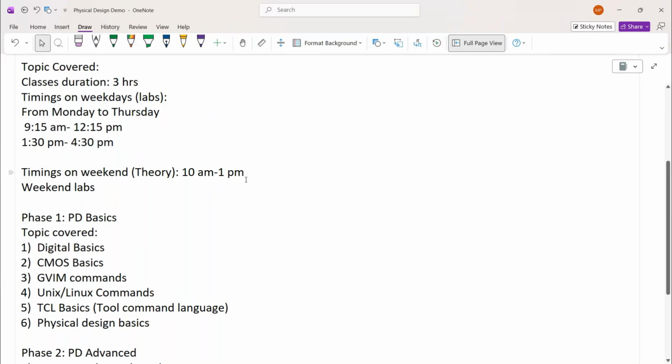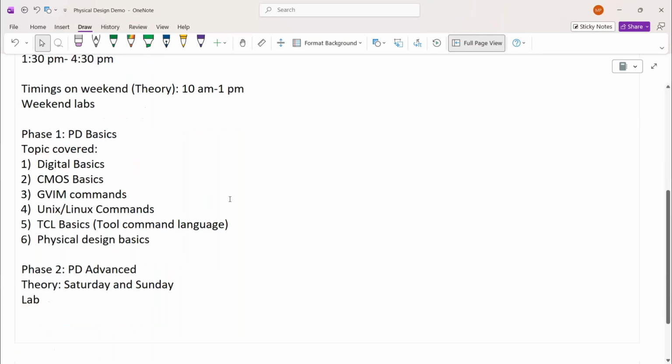Those who have opted for weekday batches have lab from Monday to Thursday, in any of the time slots. For the weekend batch, after theory classes, you will have lab classes also. All the classes are 3 hours, plus minus half an hour. So this is how our timings are.